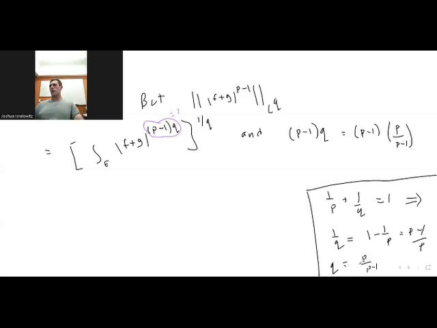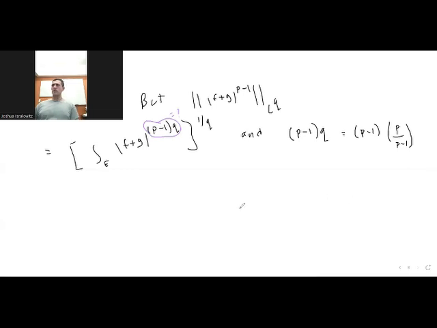So you can always just solve for Q if you forget exactly what it is, assuming you remember this basic property here. This is really easy to remember. Okay. So this equals P, these cancel. P minus 1 and P minus 1 cancel.